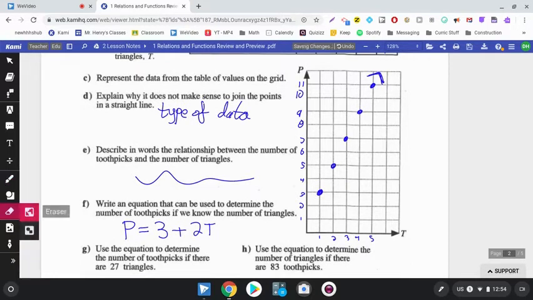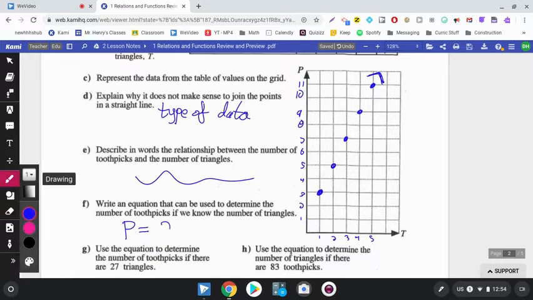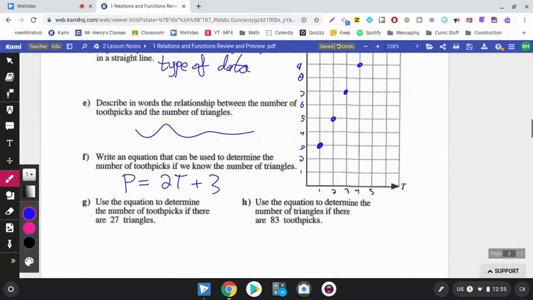And what I'm actually going to do is write that in the opposite order. I'm going to say it's 2T plus 3. So this was my original triangle. I had 3. That's always going to be there. And for every triangle I add, I am adding 2 more sticks. Okay, so there's my equation. And we work on finding those, and that's a skill from grade 9 and all of that.